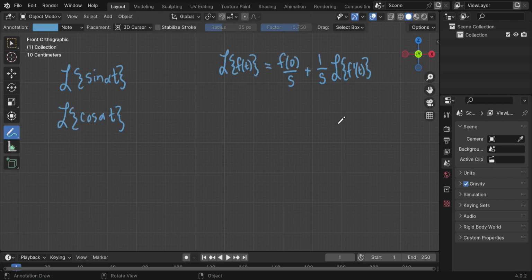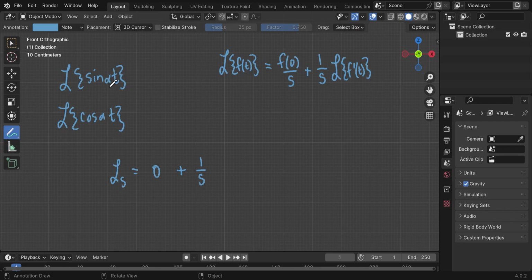So if I start solving for the sine, the Laplace of the sine of alpha t is f0 over s, which is, I'm going to write Ls for sine. It equals 0 because sine of 0 equals 0, and then it's plus 1 over s times the Laplace of the derivative.